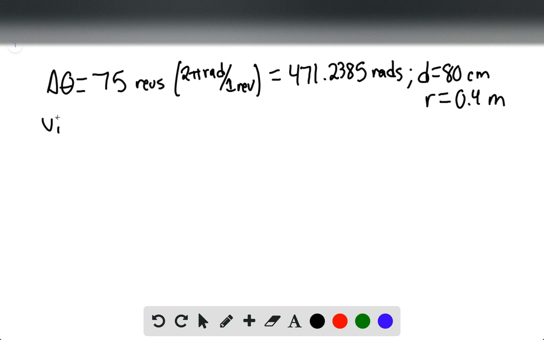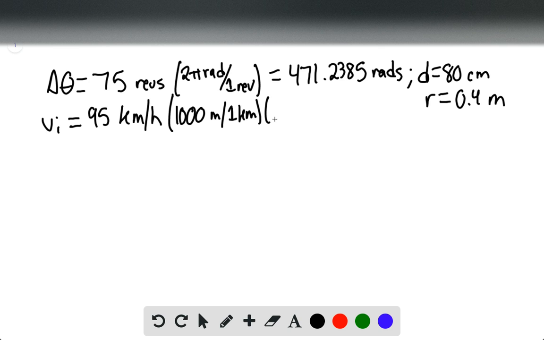We know the initial velocity is 95 kilometers per hour. And we're going to multiply this by 1,000 meters per kilometer and 1 hour for every 3,600 seconds. This is going to give us 26.389 meters per second.